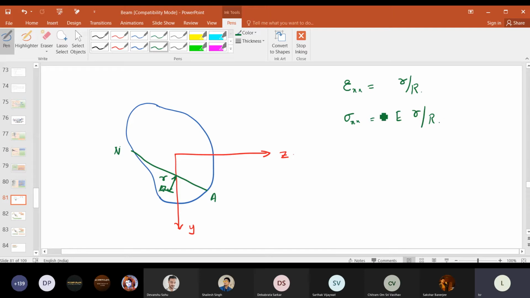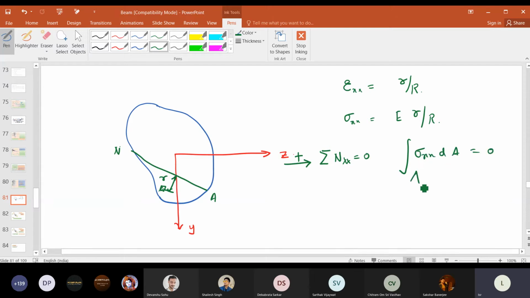Now let us say we have not applied any axial force. So the net force sigma Fx should be equal to 0. In this direction it is positive because the x positive direction is this one. Now this is nothing but the integral of sigma xx dA, which should be equal to 0.